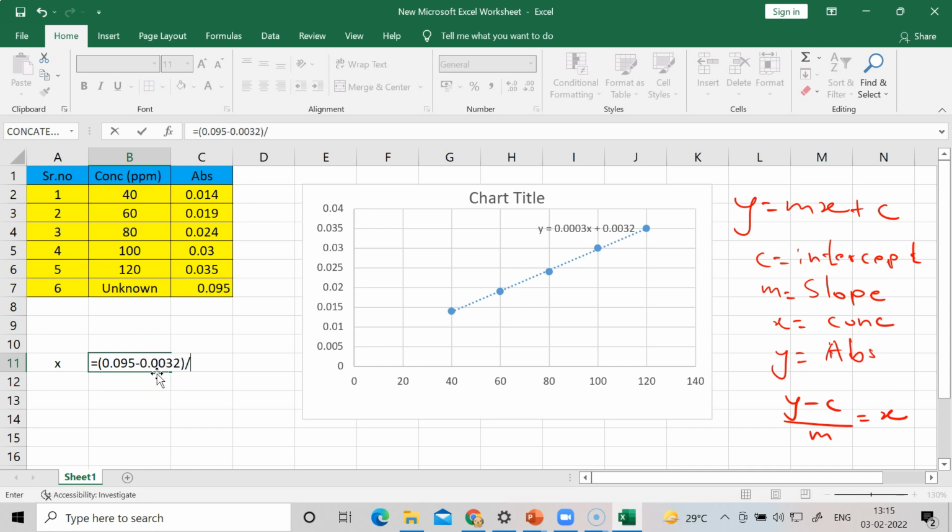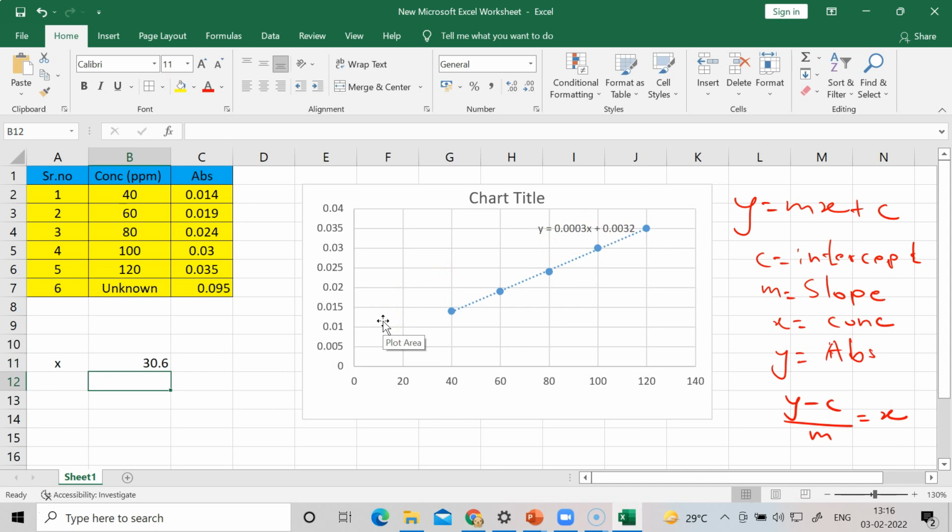Bracket completed, divided by m, so m is the slope, 0.003. From this equation you can rearrange this value and then press enter.